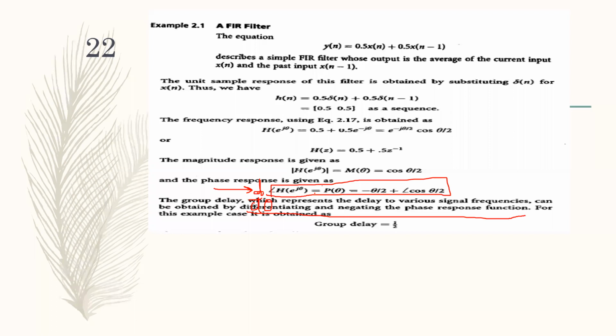When I take d by d theta of this, this turns out to be 0, and here it turns out to be minus 1 by 2. Now I have to take the negative of that, minus d by d theta, so minus of minus turns out to be plus. Therefore, this is the group delay for the given difference equation we have observed for the FIR filter.